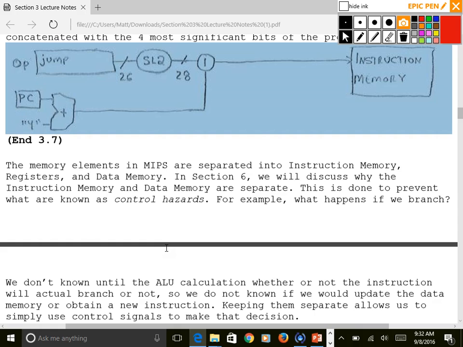So we keep our instruction memory and data memory separate. For example, if we have a branch instruction, remember the branch instruction is where we're deciding whether or not to do an if statement. But if we have multiple instructions, it means we have the next instruction already in the data path, the one we haven't decided whether or not we want to do.